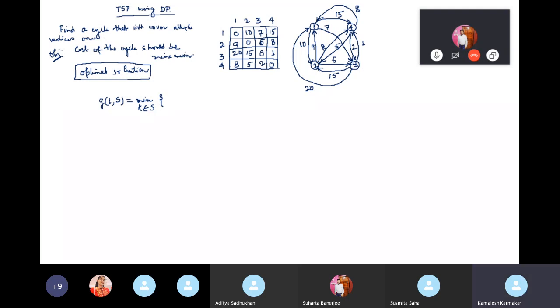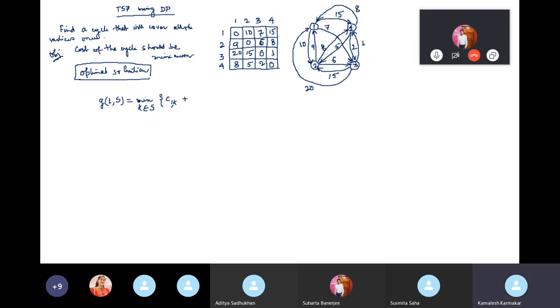If the next vertex is k, the cost of this edge is C1,k. So from vertex 1, if we choose next vertex k, the distance between 1 and k is C1,k.